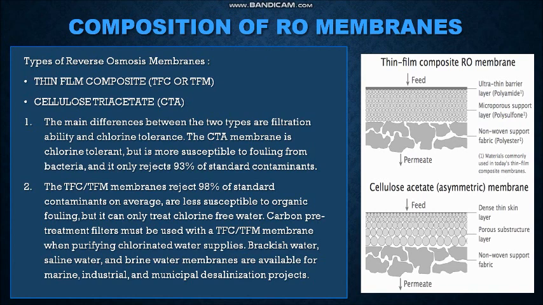That means there are more spaces between the molecules. The similarity between them is the non-woven support fabric, but in thin film composite a special material is used, polyester, which today is used only for thin film composite RO membrane.